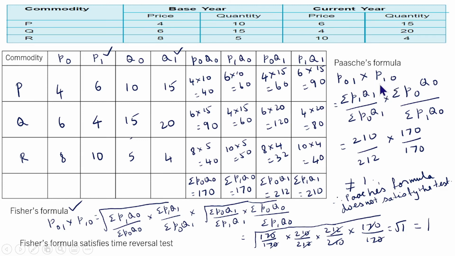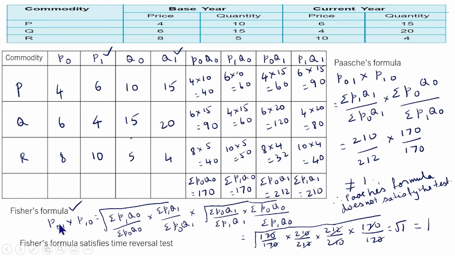This formula calculates the index for the base year using current year as the base year. So that is given by summation P0 Q0 upon summation P1 Q0. So based on the values that we have obtained, if we substitute the values, we can see that this is not equal to 1, which means Paasche's formula does not satisfy time reversal test.